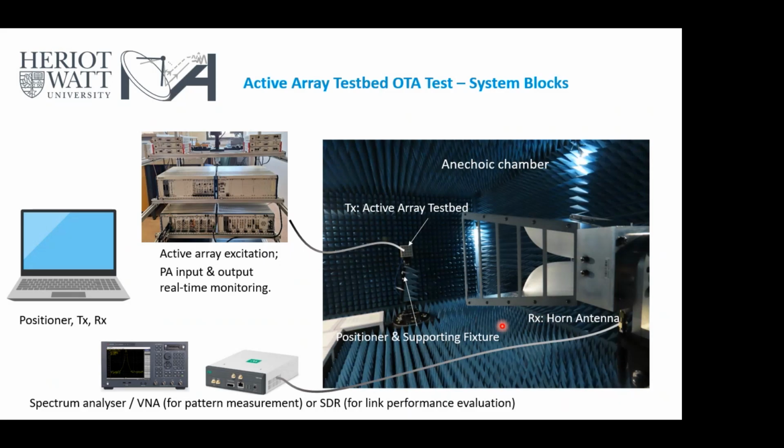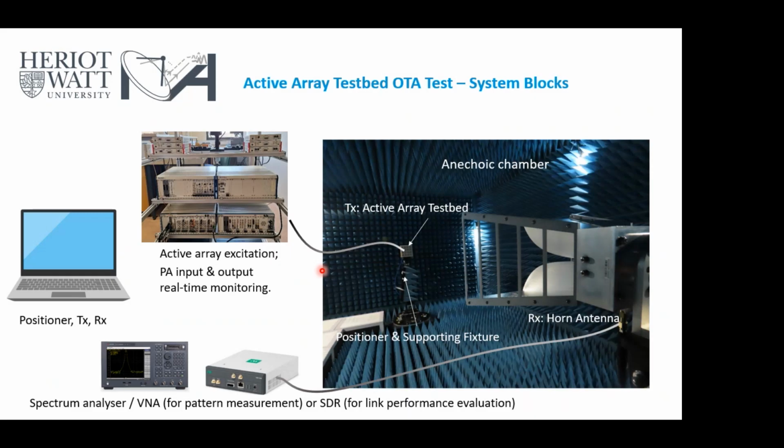For the test bed, we'll be able to control all the TX chains with the SDR platform we have in Heriot-Watt. It can generate the signal to inject to the input port. It can capture the coupler waves, and that enables real-time monitoring.